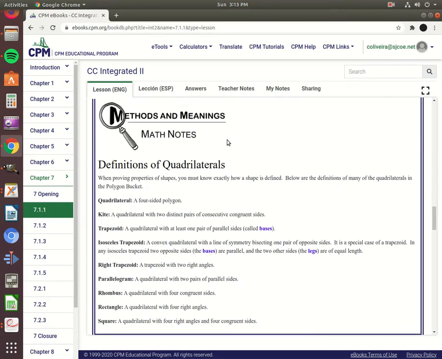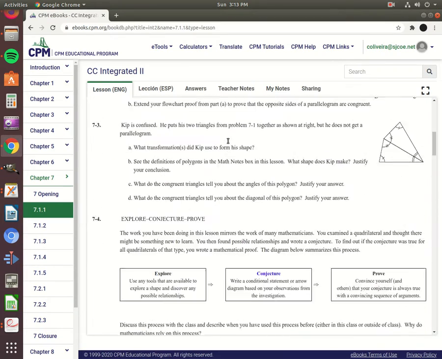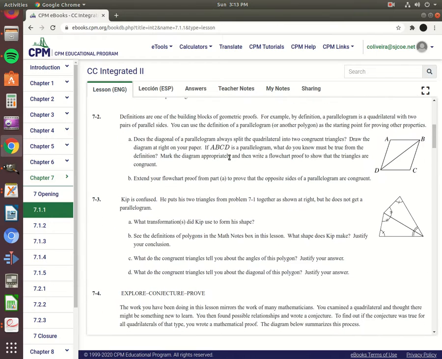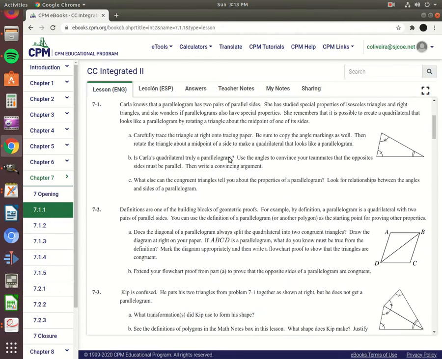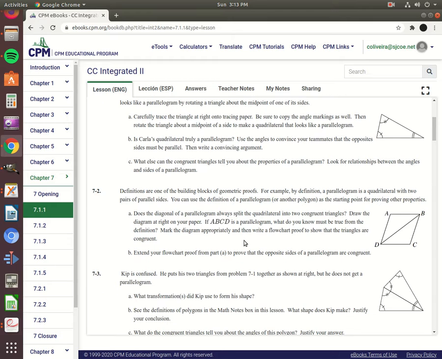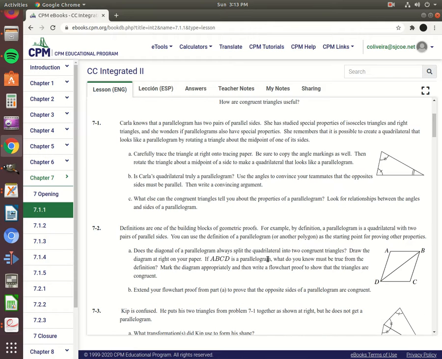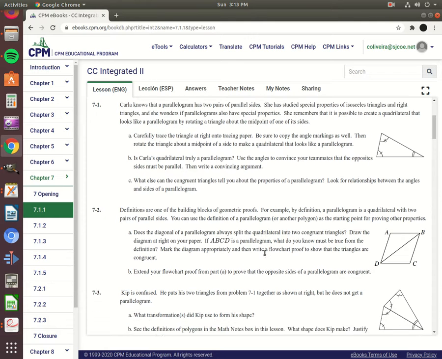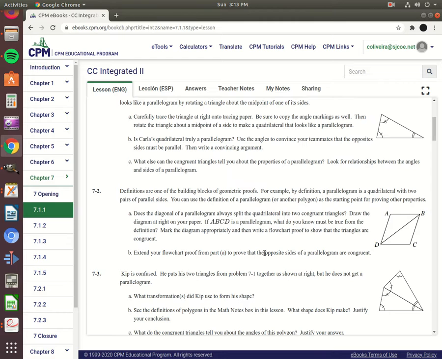Now, if I go to the next problem, I'm sorry, here. So I sort of combined 7.1 and 7.2 together here. It says definitions are one of the building blocks of geometric proofs. For example, by definition, a parallelogram is a quadrilateral with two pairs of parallel sides.